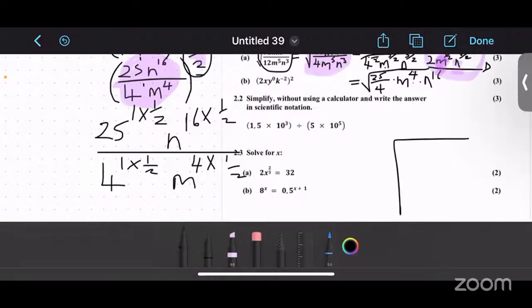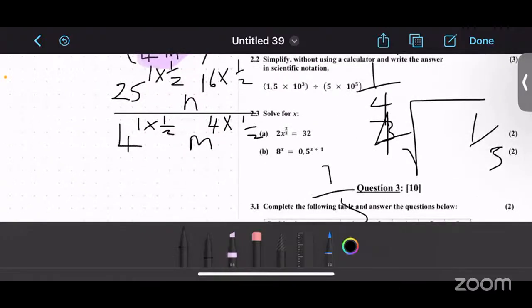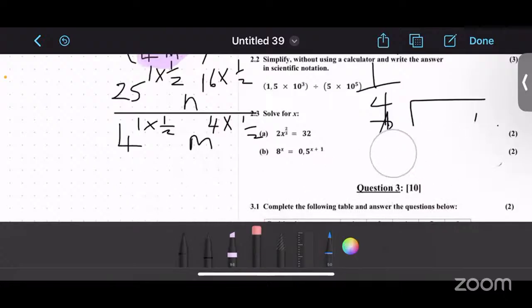If it's a cube root, it's going to be multiplied by 1 over 3. If it's a fourth root, it's going to be multiplied by 1 over 4. A fifth root, 1 over 5. If it's the nth root, it's going to be multiplied by 1 over n, okay? So just make sure that you keep that in your mind, okay?